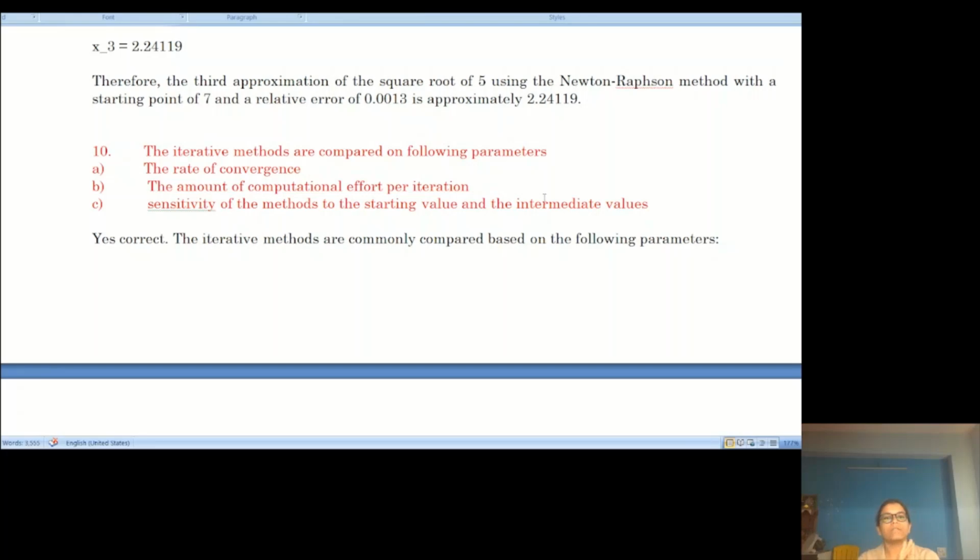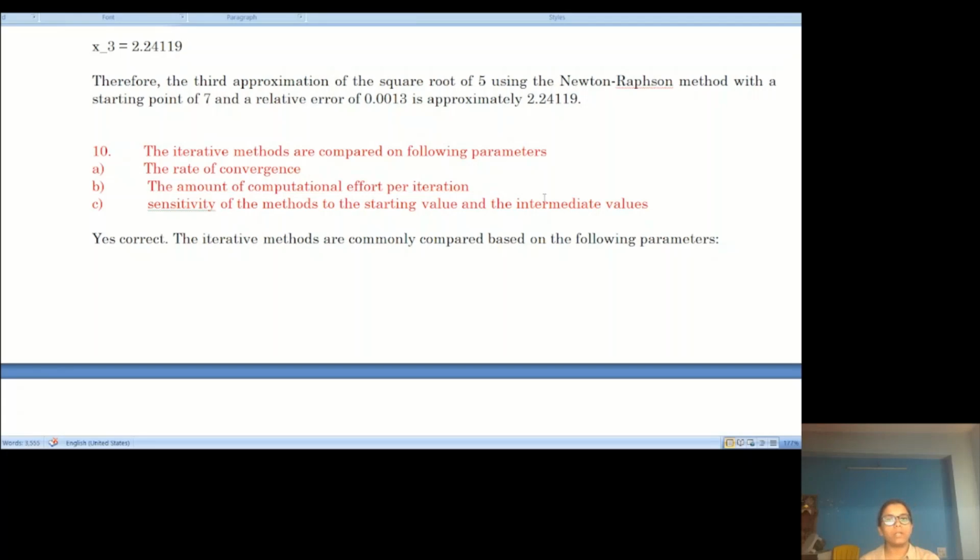So when we talk about iterative methods, one of our focuses is the amount of computational effort required per iteration, and the sensitivity of the method to the starting point and the intermediate values.